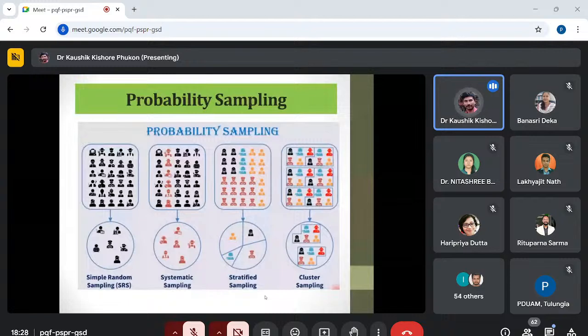And then cluster, you make clusters, you reject a cluster, you select a cluster. Four types of sampling, very clearly I am stating. I hope all are clear about these 4 types of probability sampling and non-probability sampling. If any doubt, if any questions, you may ask. Otherwise, I am going to the next slide.